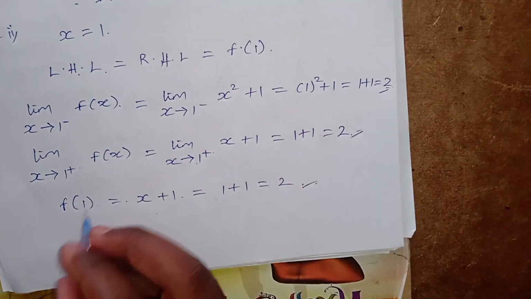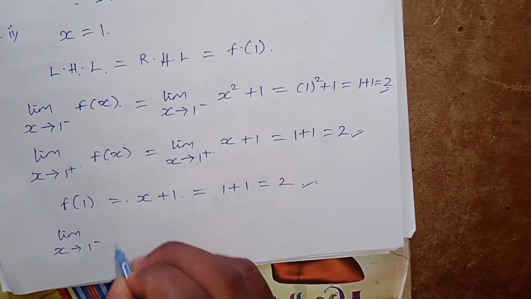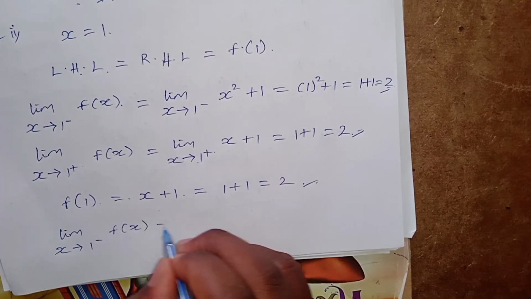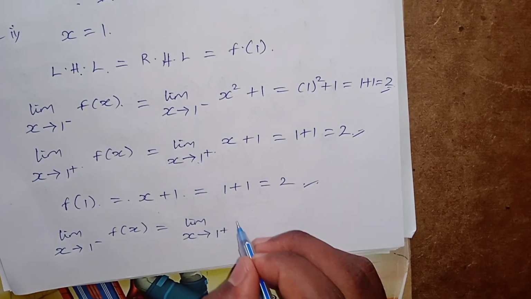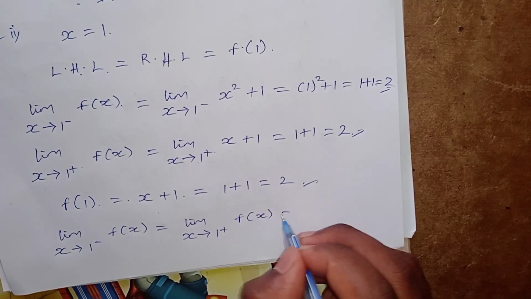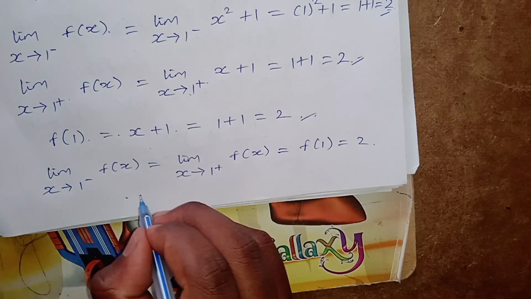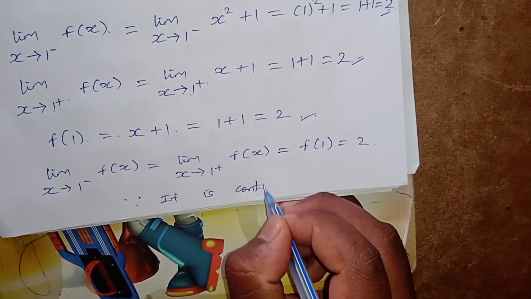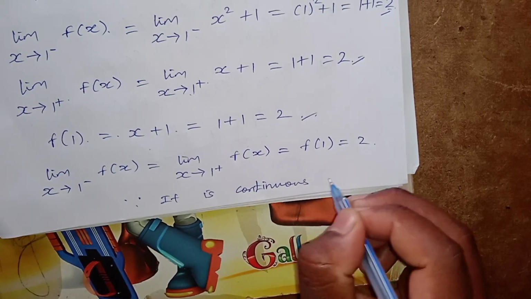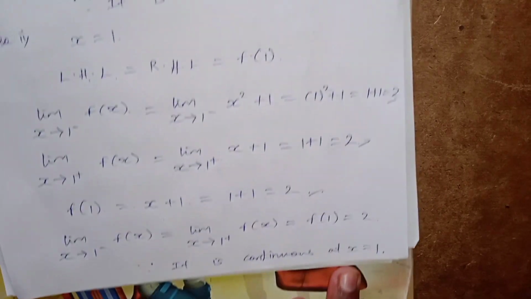All are equal. Therefore, here it is continuous. Limit of f of x is equal to f of 1 equal to 2. Therefore, it is continuous at x is equal to 1. At the point, it is continuous.